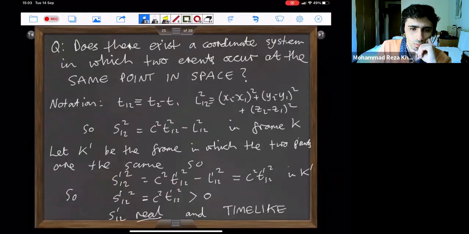And then let K prime be the frame in which the coordinates are labeled by primes, and let that be the frame in which the two events occur at the same point in space. So the relativity principle tells us that these intervals are the same.